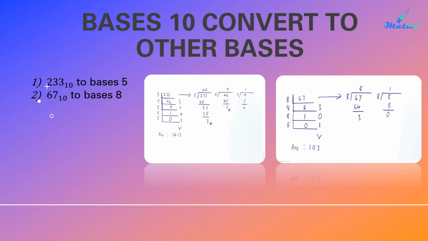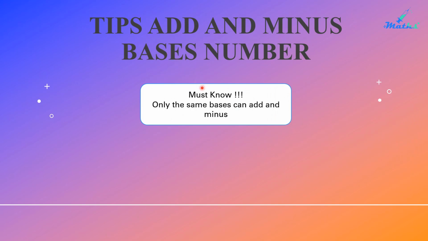This one. The next is I need to tell you some tips of adding and minusing base numbers. Before I tell you the tips, the one thing you must know is that only the same base can add and minus. What it means is, like I give the example, I take 101 base 2 minus with 502 base 8.